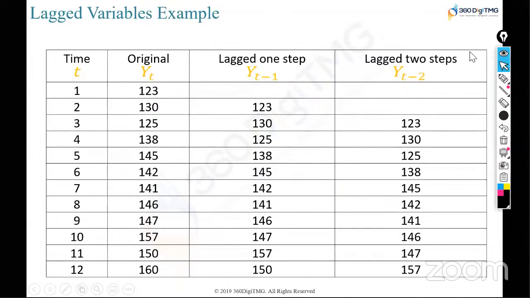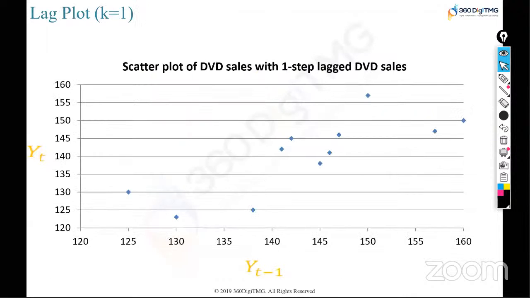Okay. Now, when I plot this data, I call this Yt versus Yt minus 1. Yt minus 1 is nothing but lag 1. So the original data with its own lagged version, when I plot it, then I get what is called a lag plot. All right.